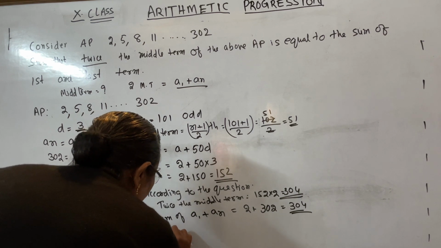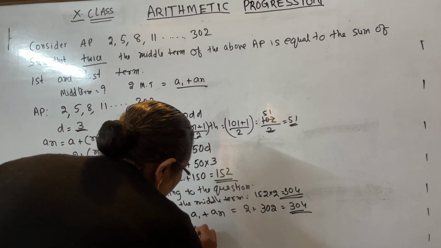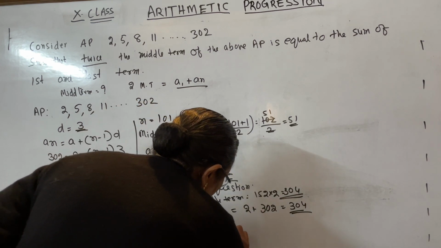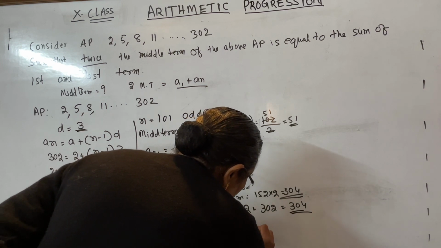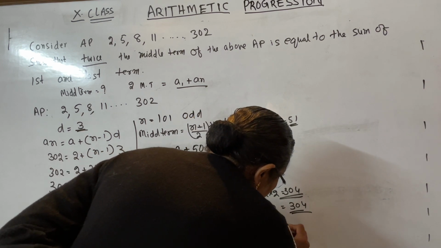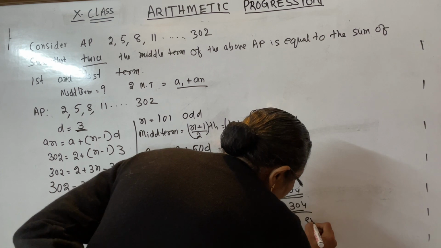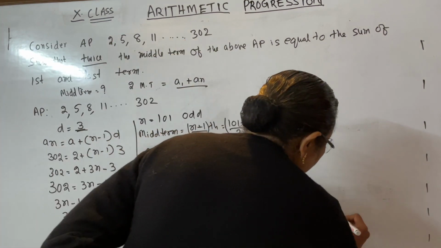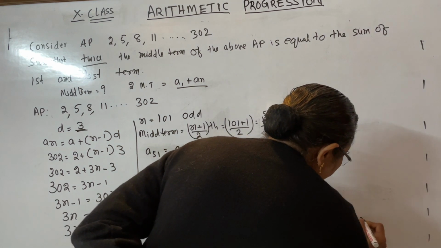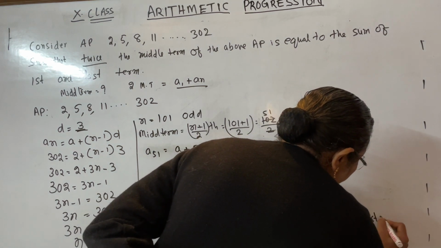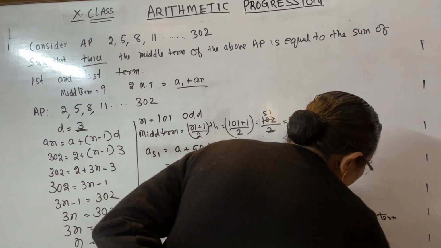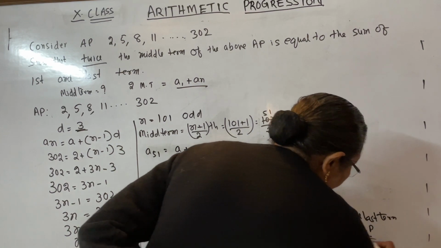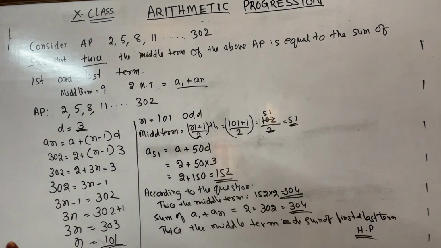Twice the middle term is equal to the sum of the first and last terms. Hence proved.